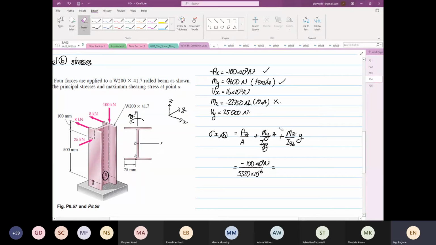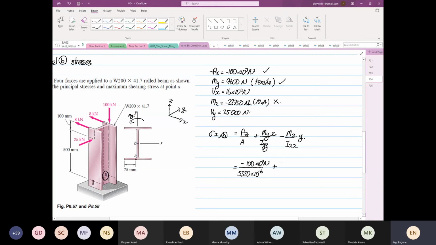Today is not a happening day for me. This is X, Eugene. Wake up. So this is Mx over Ixx multiplied by y. So that is minus 100 times, so area, that's our axial load. My, we are going to get a positive because it's in the tensile.